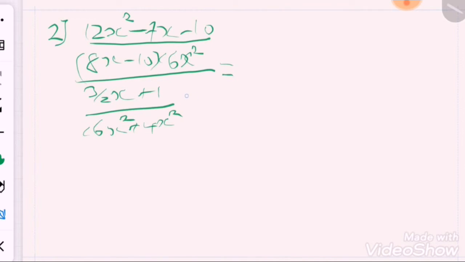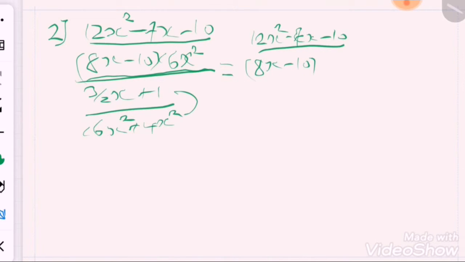Let me do this straight now. Mind you, this fraction here is called the fractional divisor, or denominator. So let me take the reciprocal already and change this division sign into what? Multiplication sign. So I have 12x squared minus 7x minus 10 over 8x minus 10 times 16x squared.